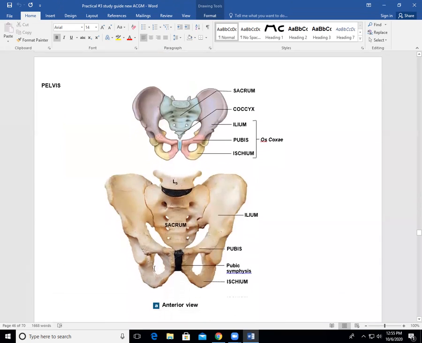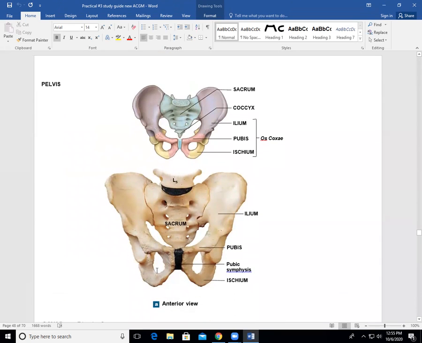All right, so let's talk about the lower limb. The pelvis, your coxal bone, or os coxae, is 3 bones fused together.